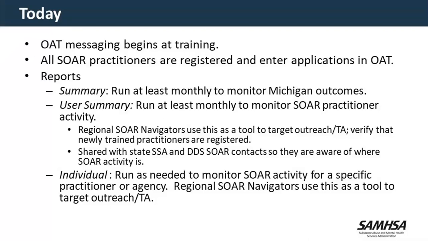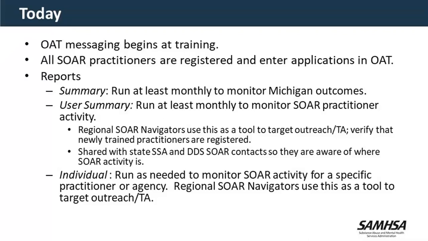We also share our outcomes with the state SSA and DDS SOAR contacts so that they're aware of where the SOAR activity is. In Michigan, we have dedicated SOAR liaisons in all SSA offices, and we also have dedicated DDS SOAR examiners, or disability examiners, who all SOAR claims are sent to.